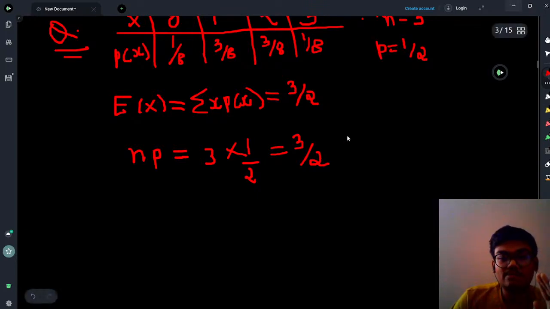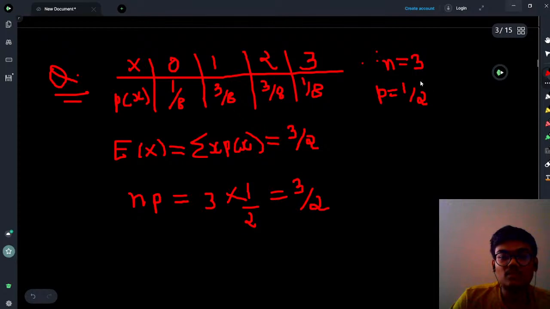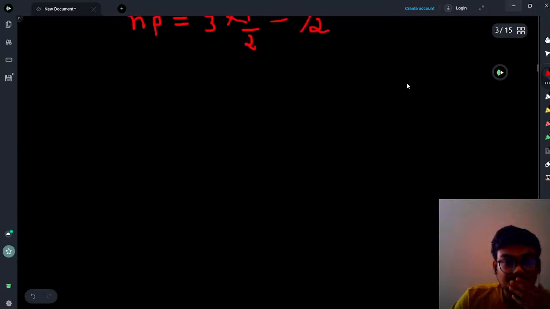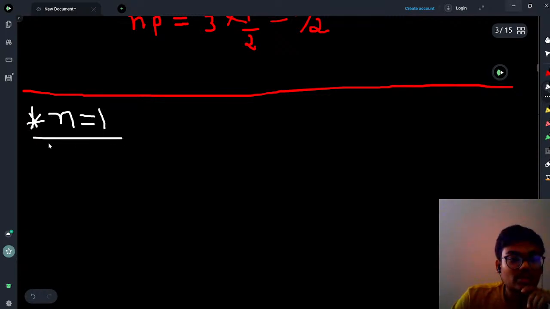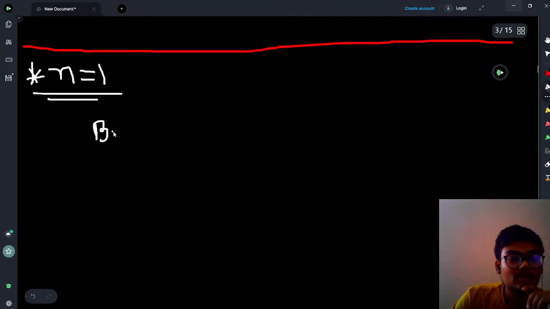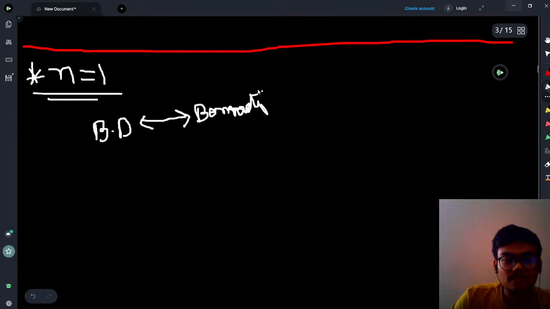Now here we are dealing with n equal to the number of trials. Any number of trials is possible, 1, 2, 3, 4, but there is also one related concept. Let's see what happens if n is 1. When n is 1, the binomial distribution transfers to the Bernoulli distribution.